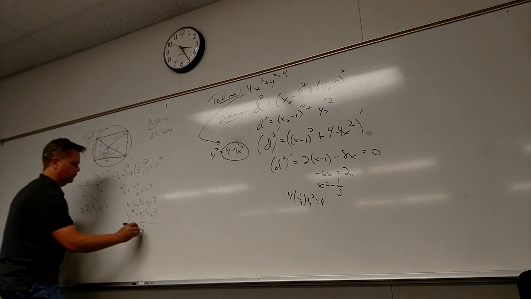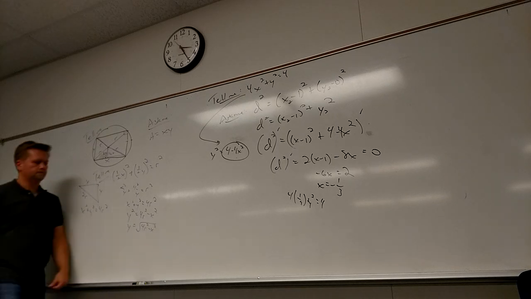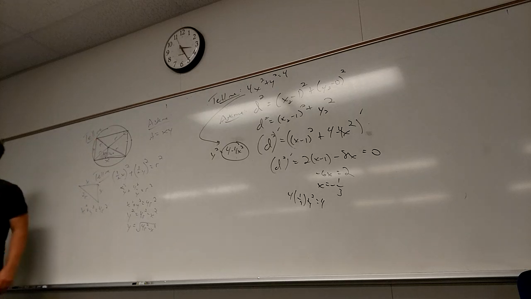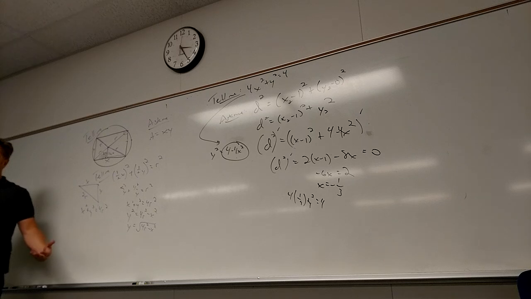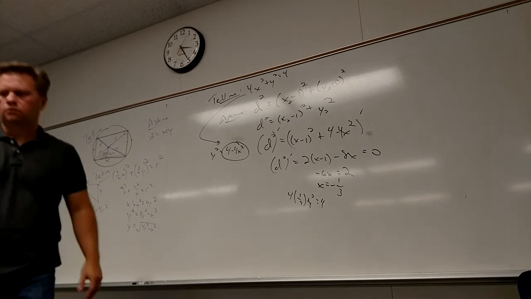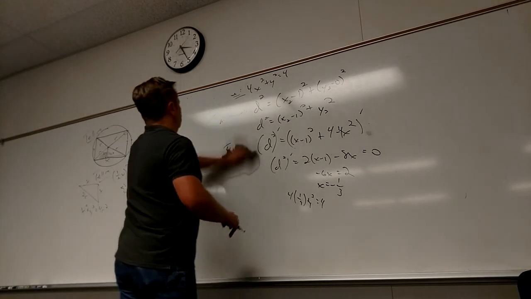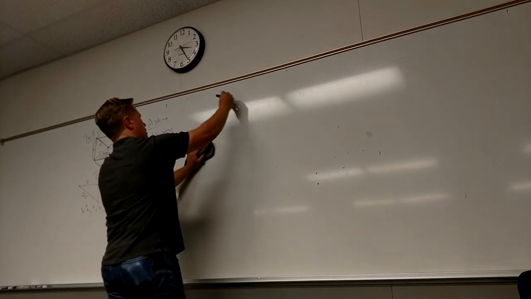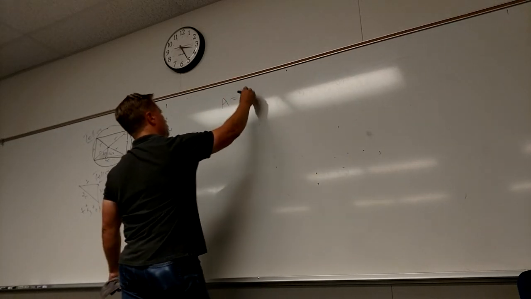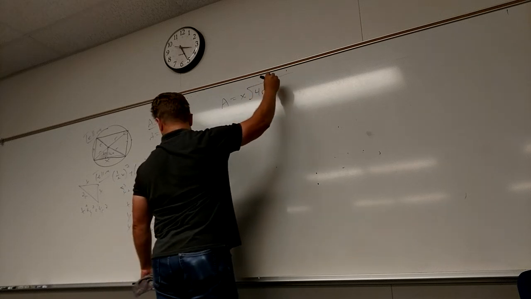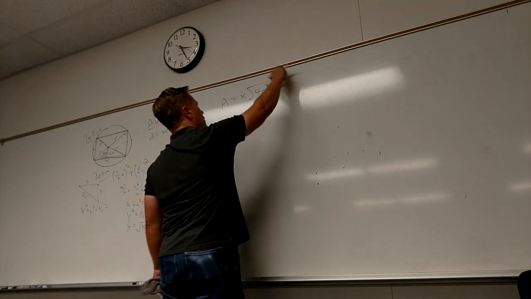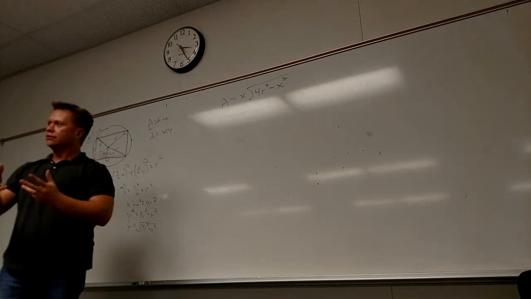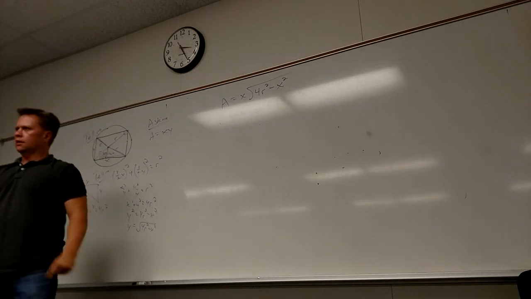So y is the square root of 4r squared minus x squared. So that's what you plug in there. Now it's going to make a slightly more disgusting derivative. All right, you have that. So I get area equals x times y. And now I have to take this guy's derivative. I'll take a minute and do that.